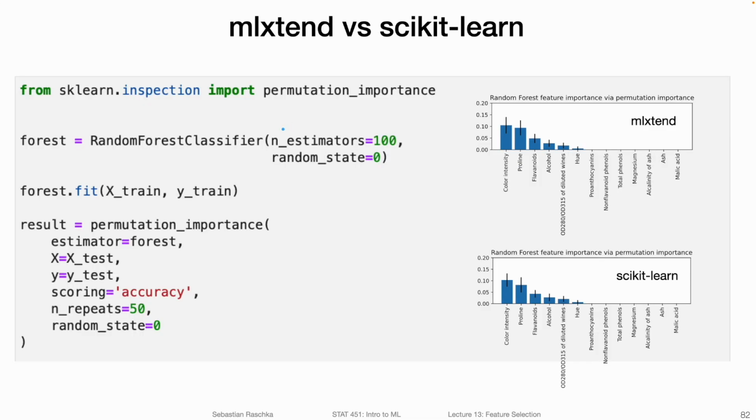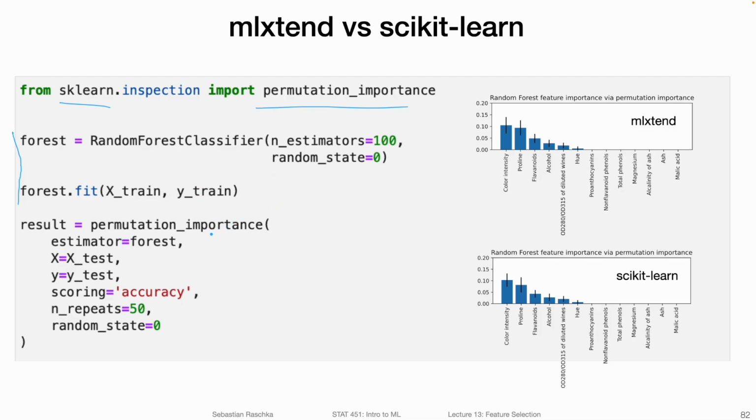Now that I've shown you how to compute the permutation importance in MLExtend, for completeness, I also wanted to mention that nowadays you can also compute the permutation importance in scikit-learn. And as you might expect, the function name is permutation importance. And the behavior of that function is very similar to MLExtend. So here again, for reference, we are fitting a random forest classifier.